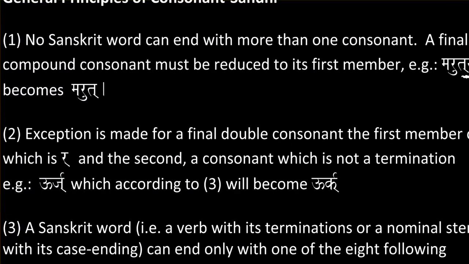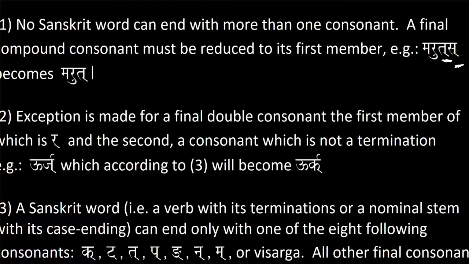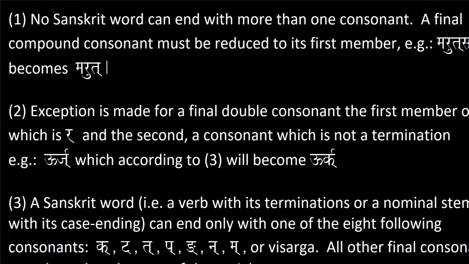Now, take a look back at what it says: a final compound consonant must be reduced to its first member. What does that mean? This all goes back to the table of consonants, when we spent a lot of time trying to understand it.